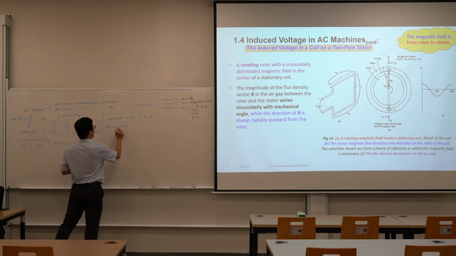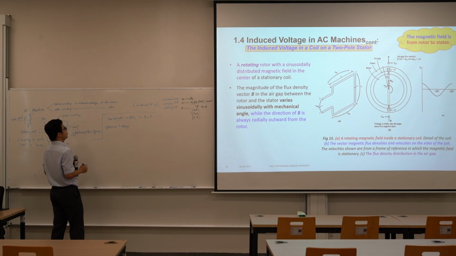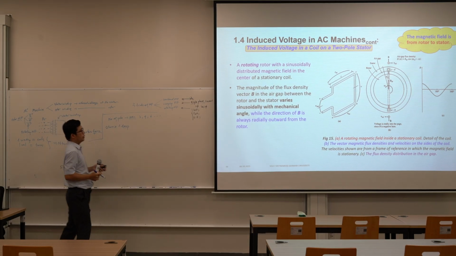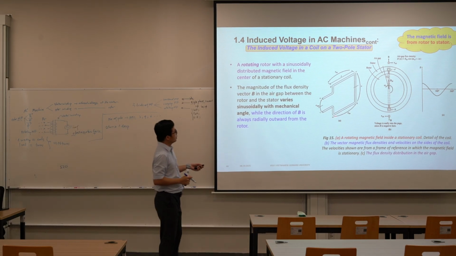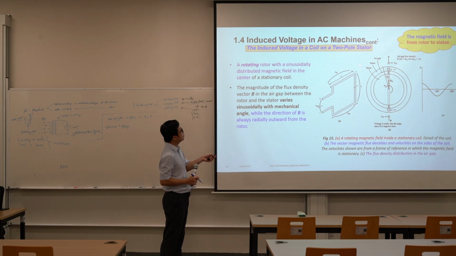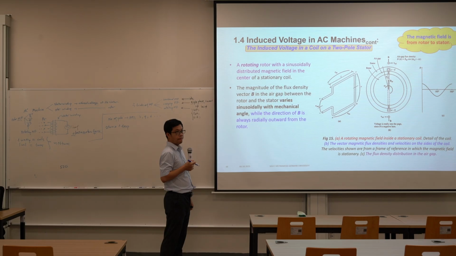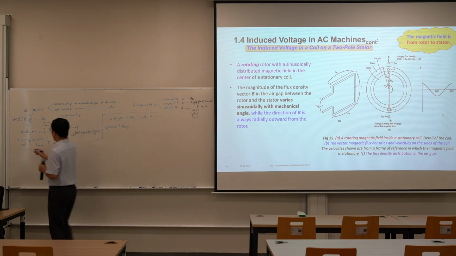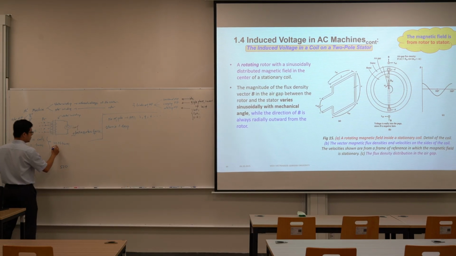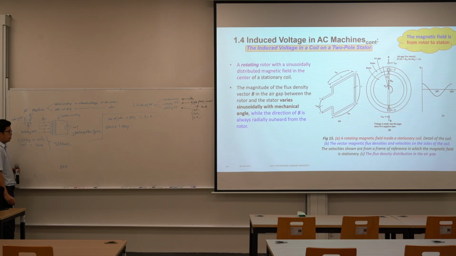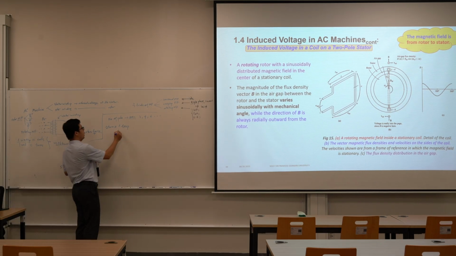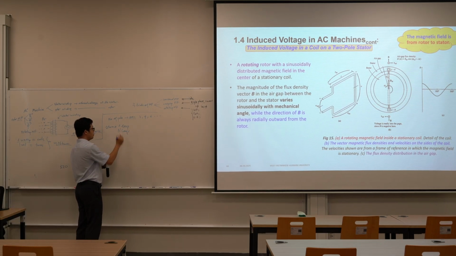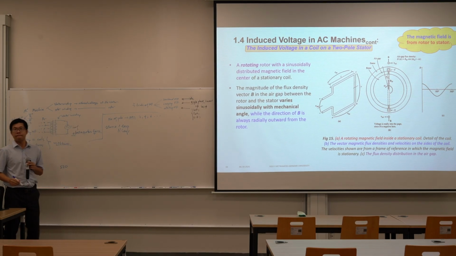Every loop has four segments. Look at this one: AB, BC, CD, and DA. That's the reason why, if one winding has n turns, we have n loops. Is it clear?